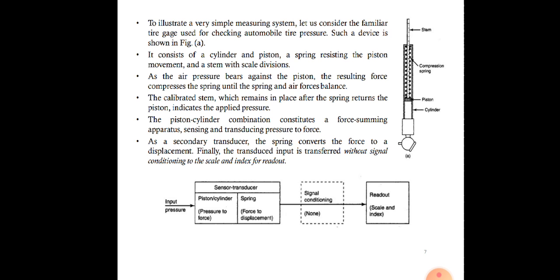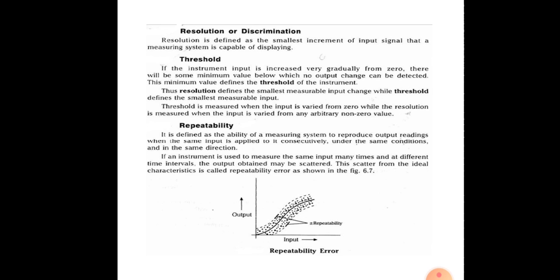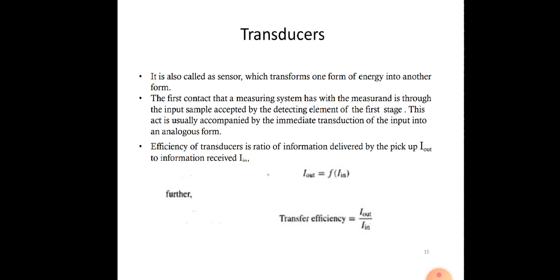As we discussed earlier, transducers are nothing but devices which convert one form of energy to another form of energy, or they are also sometimes called sensors. And what is the transducer efficiency?